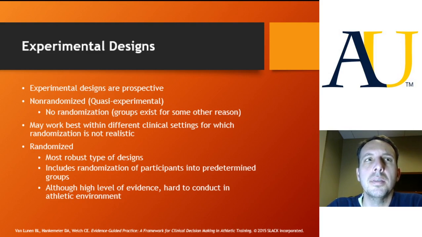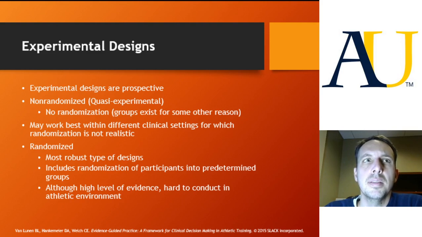And so randomization is the most robust type of research design. And so people are randomized into the groups and then undergo similar manipulations, and then their results or outcomes can be compared to one another. That's what makes evaluative designs evaluative, is we're comparing results between these different groups.